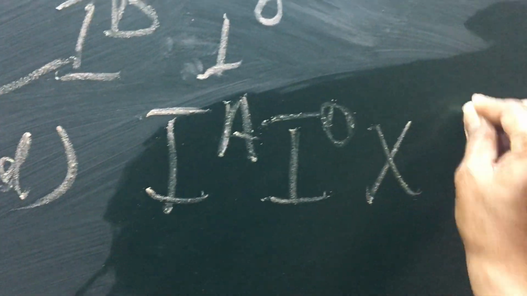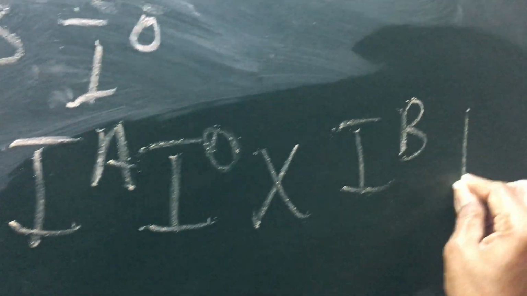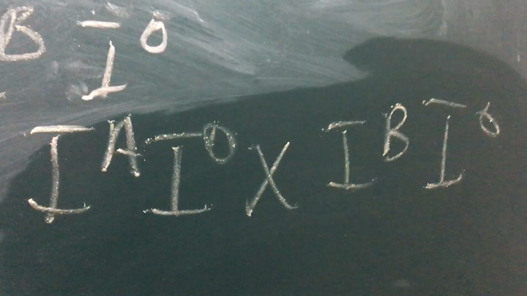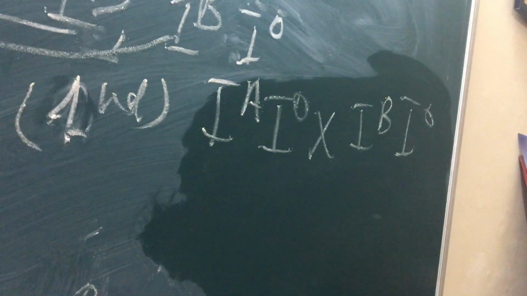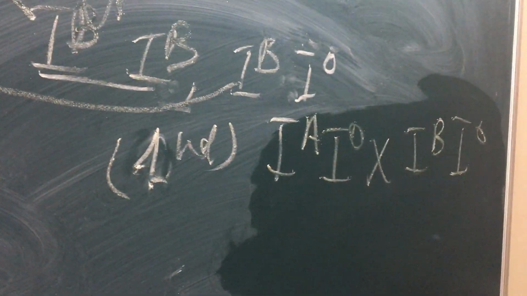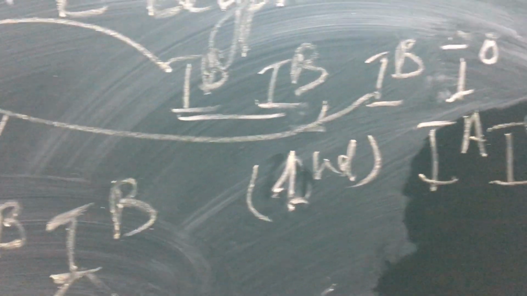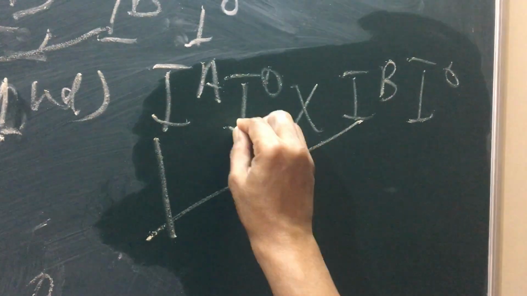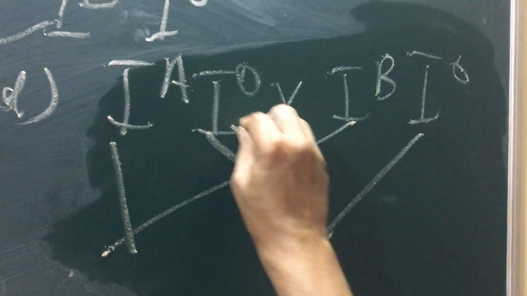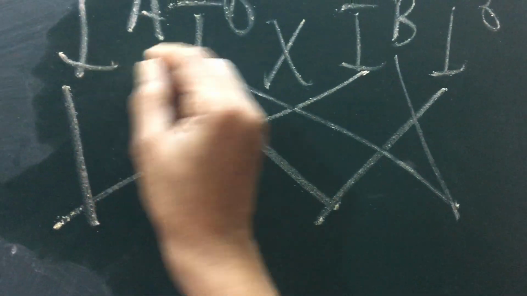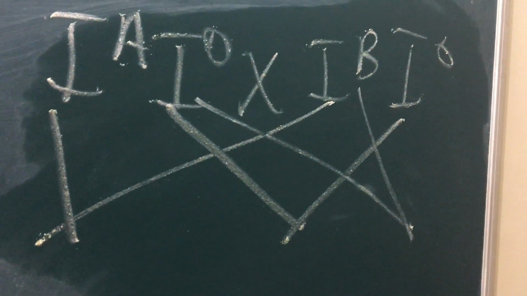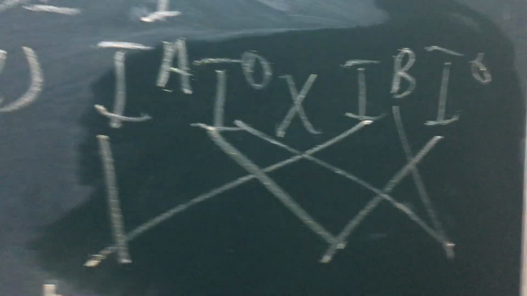Fourth case will be IA I0 into IB I0. So you can do it like this, and find out.